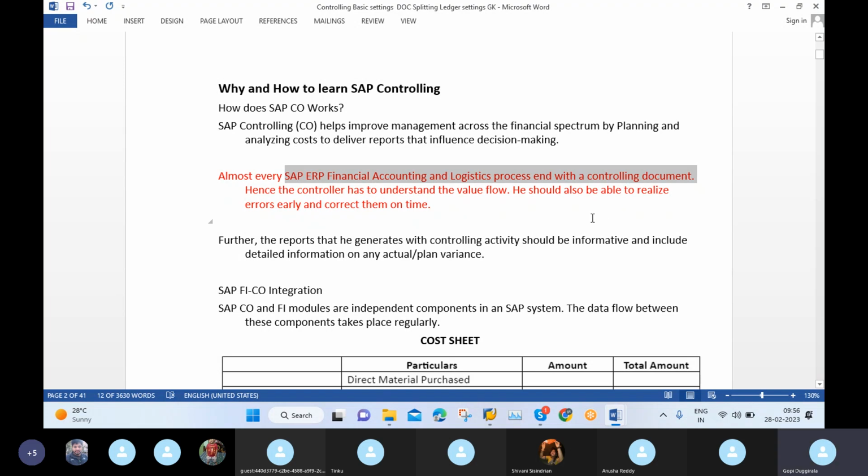We can capture the cost. In MM module, they will purchase some raw materials from our vendor. Is it cost to the company or not? Yes, sir, cost. See, basically, please try to understand what is the necessity to integrate MM and CO module, or what is the necessity to integrate FI and CO module.